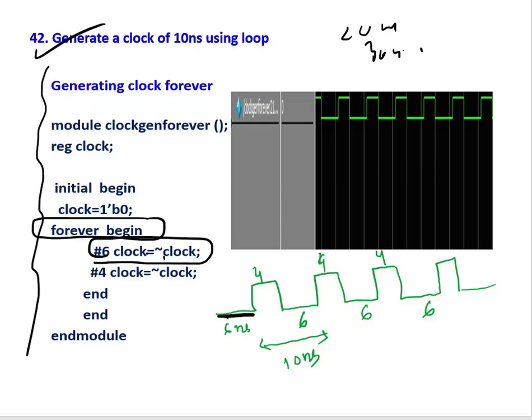See, for 6 nanosecond it was 0, then now it is 1, then it will remain there for 4 nanosecond, then it will again become 0, then remain for 6 nanosecond, then it will be 1 for 4, then 6. So it will be repeated for infinite time, okay.